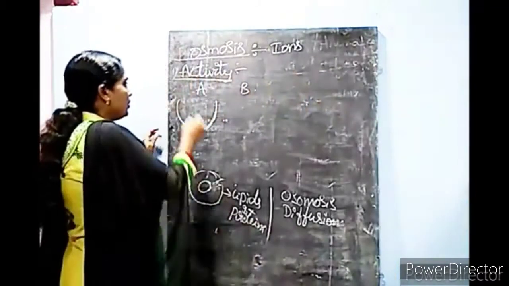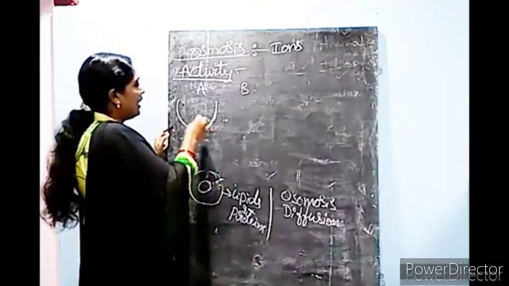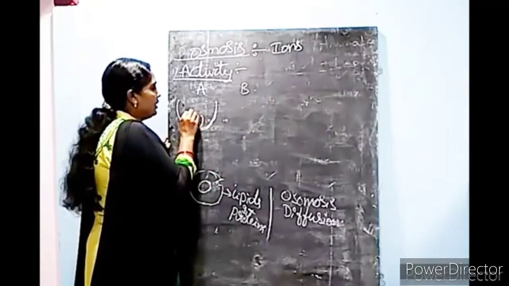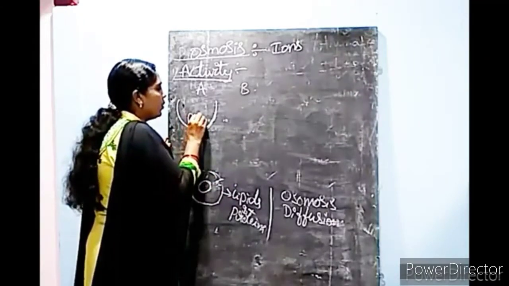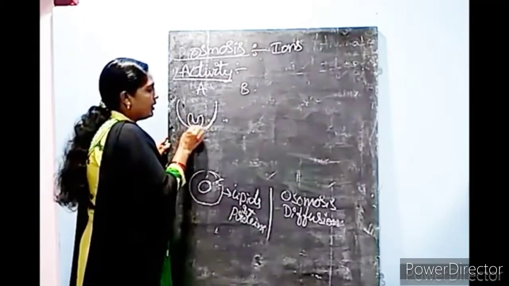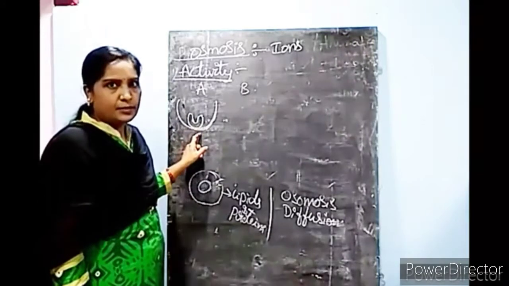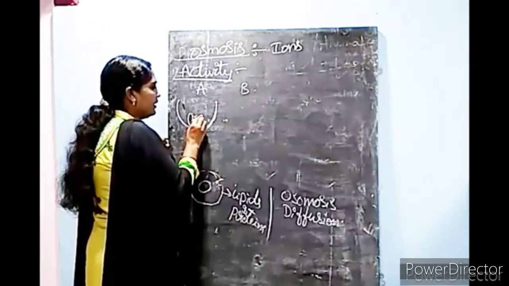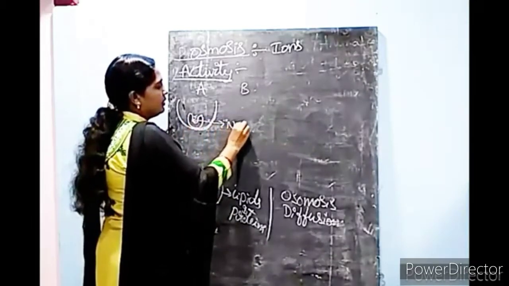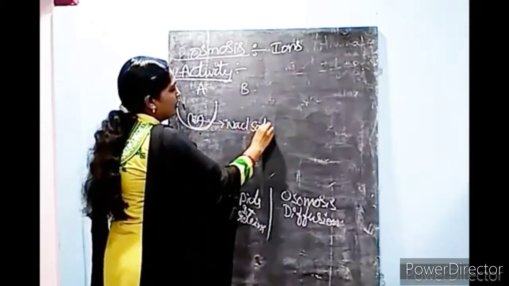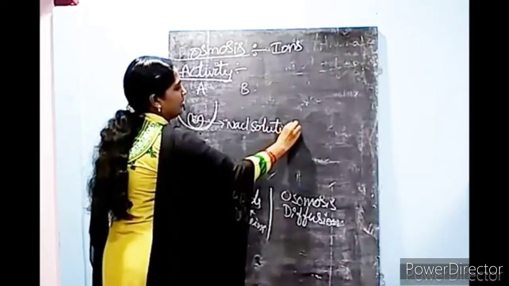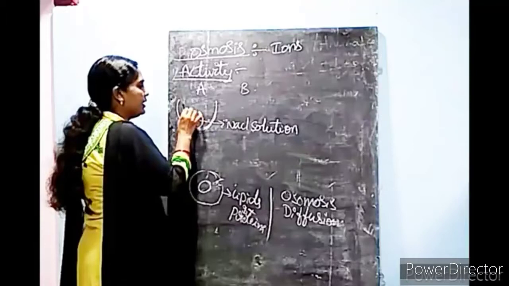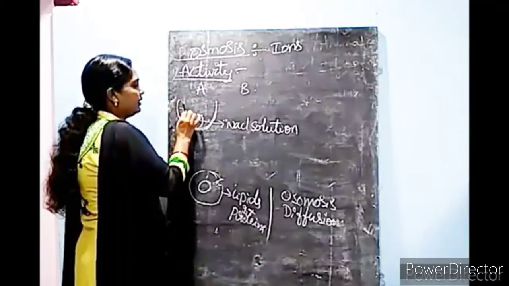Understood, children? So we took a bowl and inside that we have taken one potato dish. We made a hole in the potato. We made it stand in this bowl. And inside this we took NaCl solution, that's nothing but salt solution. And we arranged the whole of this experiment.